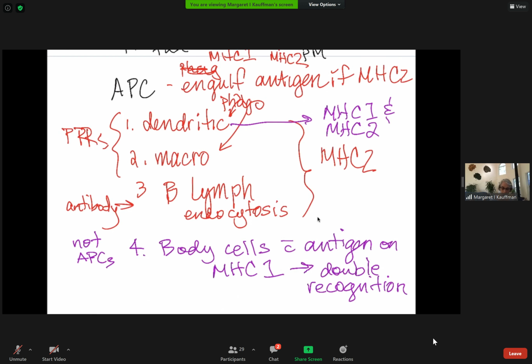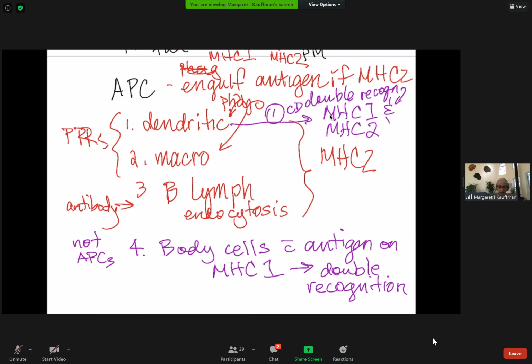So right away, you're seeing there's 2 ways that the CD8 can get double recognition. One way, and I'm making it in purple because we're following the MHC, is some dendritic cell can show them their antigen on an MHC1.